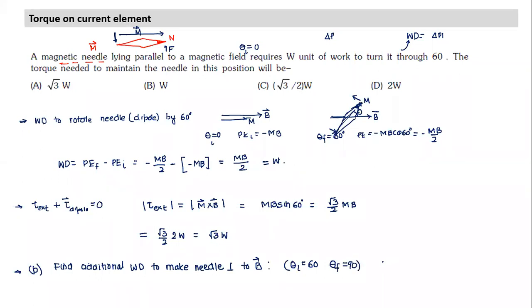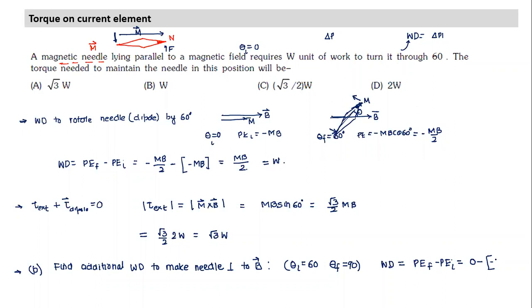So again, work done will be equal to final potential energy minus initial potential energy. What is the final potential energy corresponding to theta equal to 90? Minus MB cos 90, which is 0. Final potential energy is 0. What is the initial potential energy?